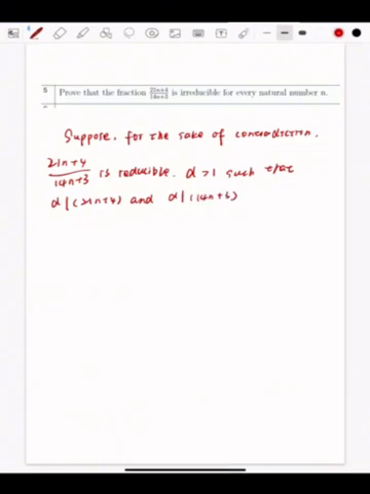By the property of divisibility, if d divides two numbers a and b, then d also divides any linear combination of a and b.